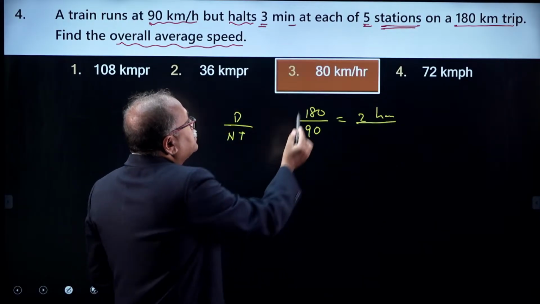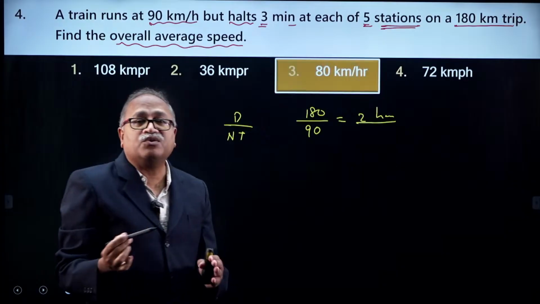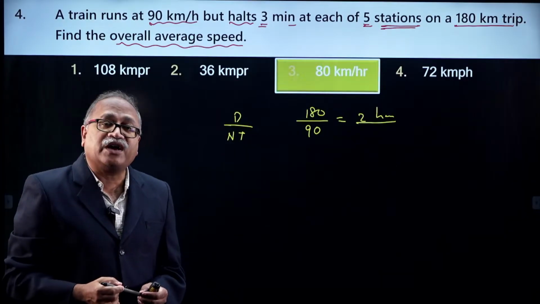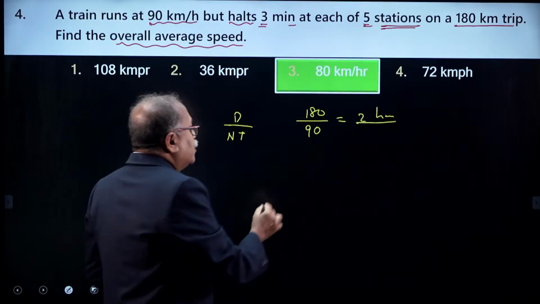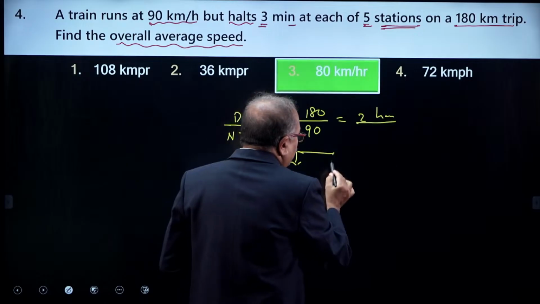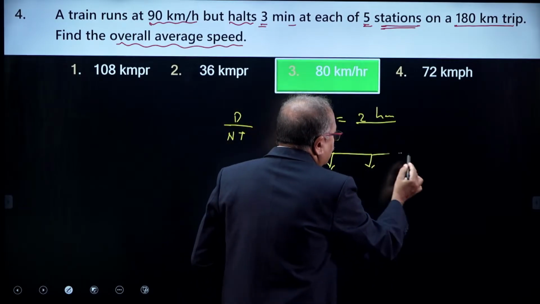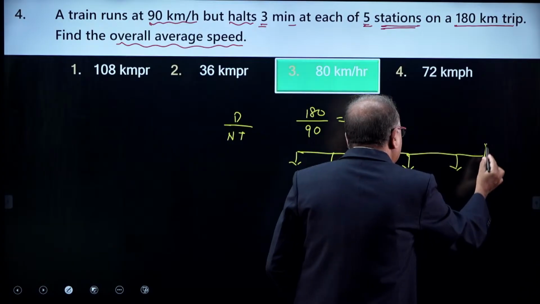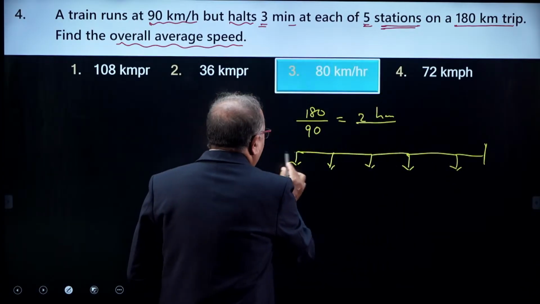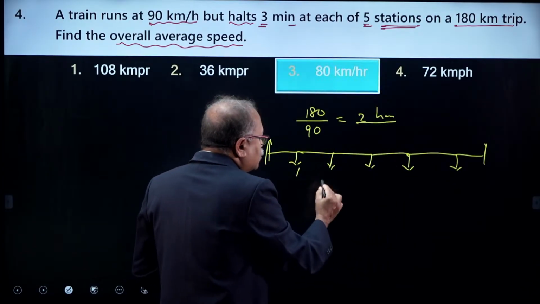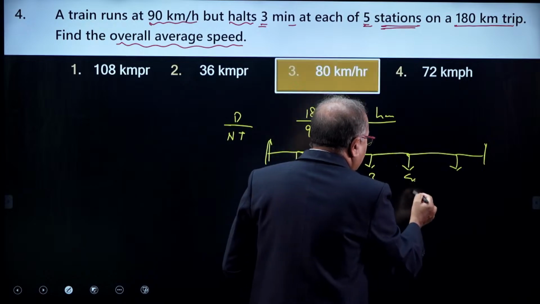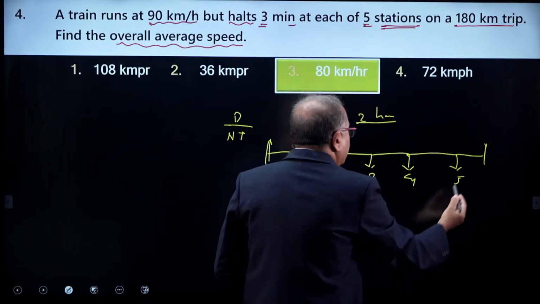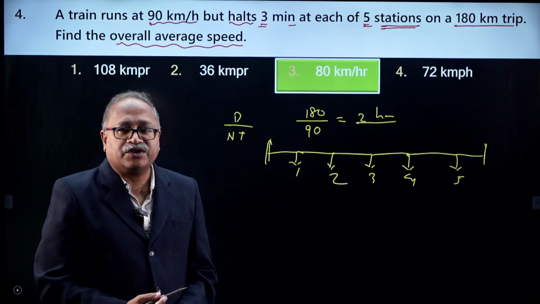But there are 5 stations. That means how many stoppages will there be? 5 minus 1, 4. Look at this: 1, 2, 3, 4 and 5. Now he reaches the final one, so there will be a stoppage at 1, 2, 3, 4 and 5. You are mistaking it.